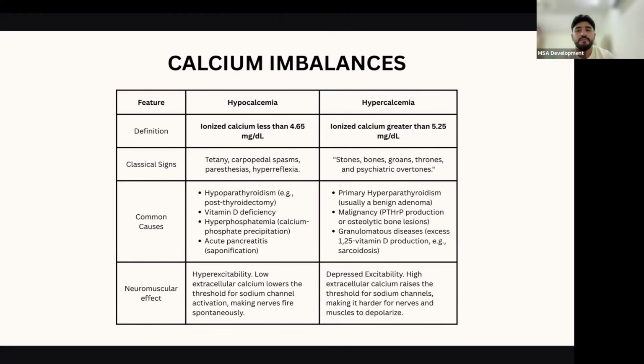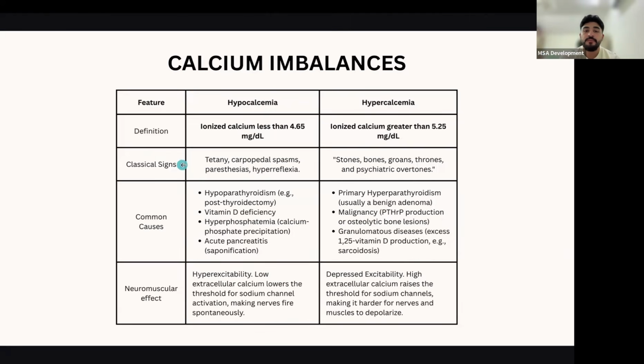Now, calcium imbalances. Again, hypocalcemia and hypercalcemia, these are the levels you need to know. If ionized calcium was less than 4.65, it's considered hypocalcemia. If it was more than 5.25, it's considered hypercalcemia. How would you know? Honestly, I find this one of the easiest ways to pick up calcium imbalances.